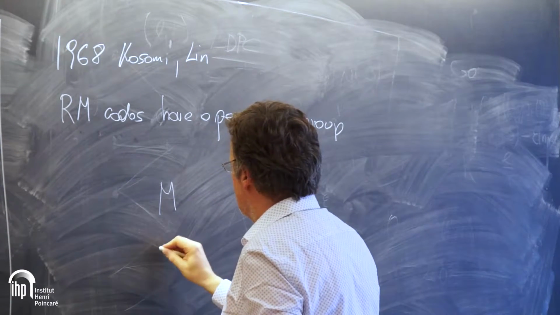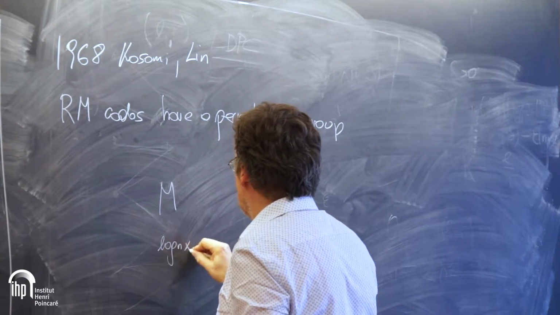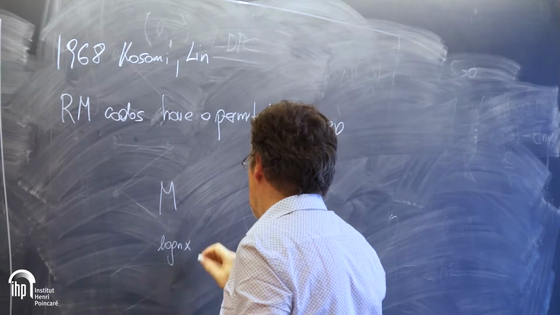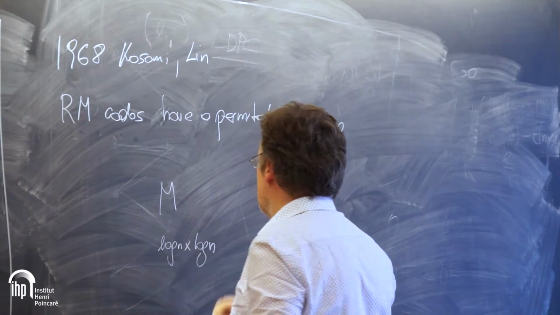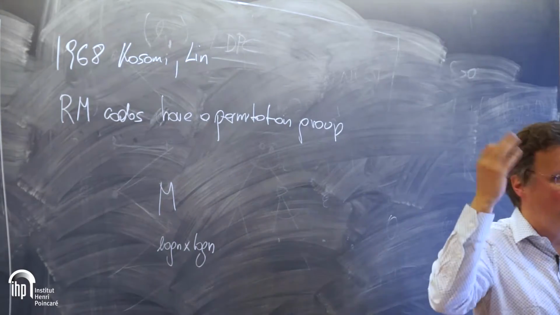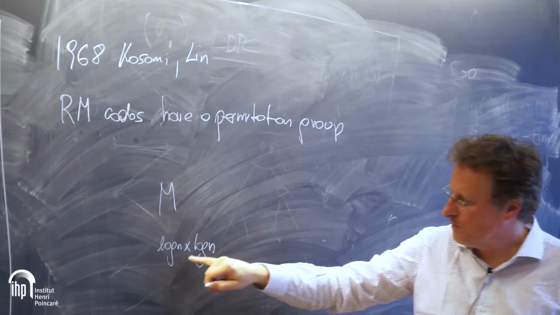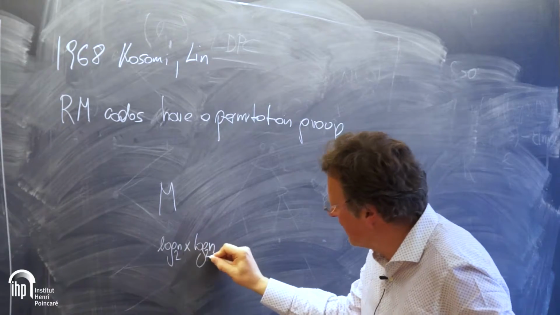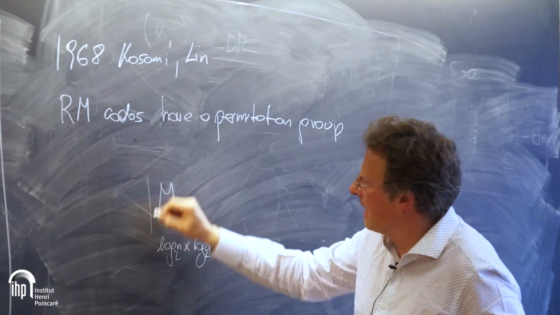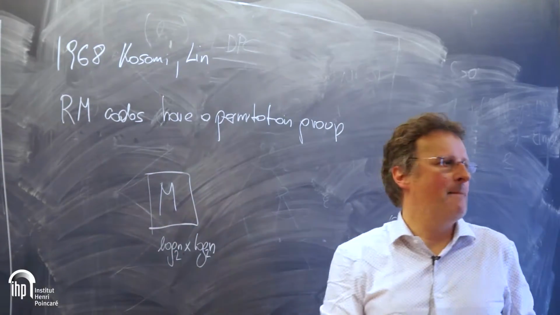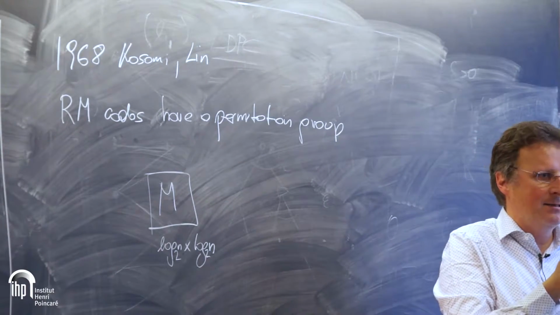These are codes of length 2 to the n, so if you take the log base 2 of the length, that's an integer. You take an invertible matrix M of log size.